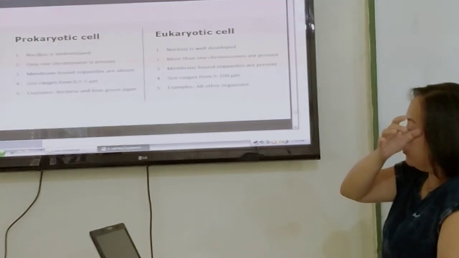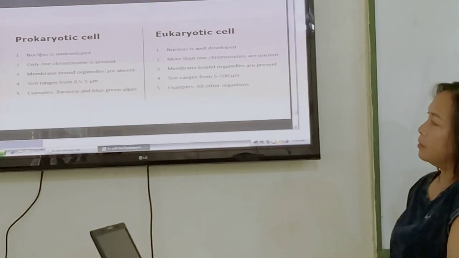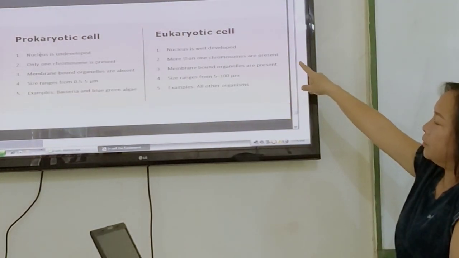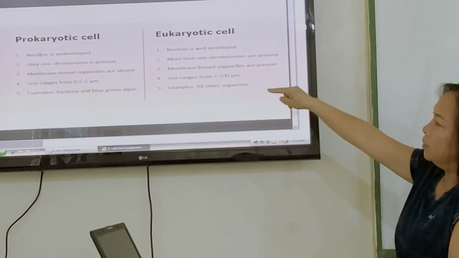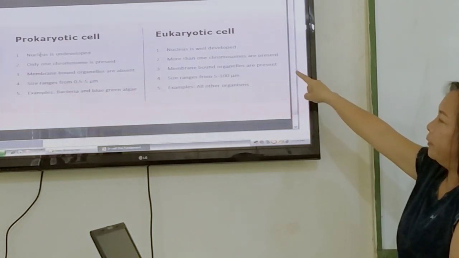Okay, we have these differences between prokaryotic and eukaryotic cells. In prokaryotes the nucleus is underdeveloped. Here in eukaryotes, it is well developed. Prokaryotes or bacteria have only one chromosome present. Here, more than one.